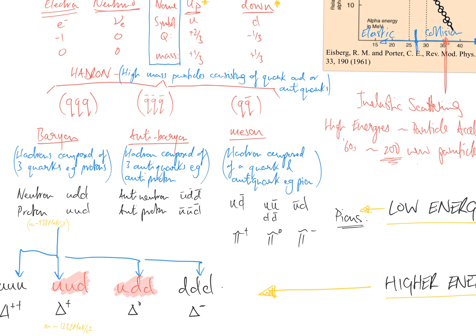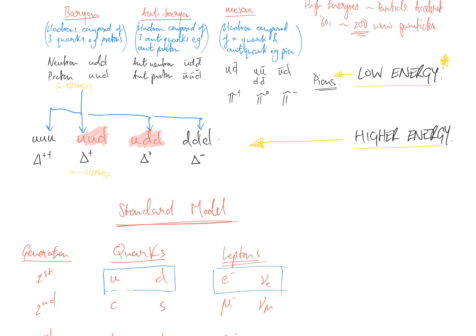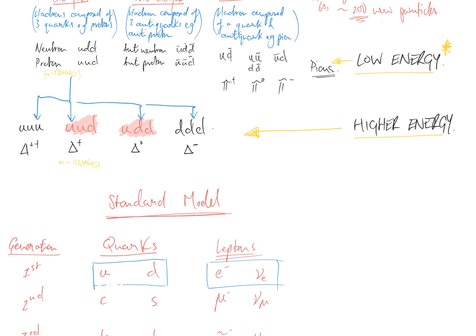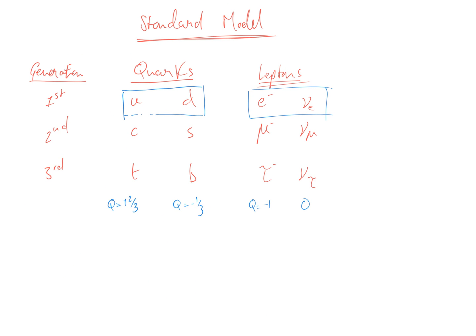We've got the neutron, the proton, we've got the antineutron, the antiproton, and if we start to go up to higher levels, we've got the sigma double plus, delta double pluses, delta plus, delta zero, delta minuses, and if we went to higher and higher energies, so we would get even more and more particles that make up the 200 odd, of which there'll still be more because they still haven't been able to access some of the very high energy quarks, because in the standard model, of course, we are interested in the first generation, which is the only one still in existence in our energy of our universe.